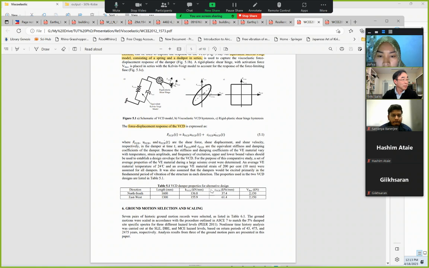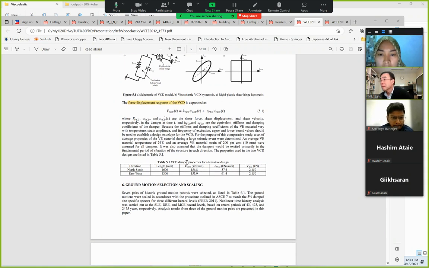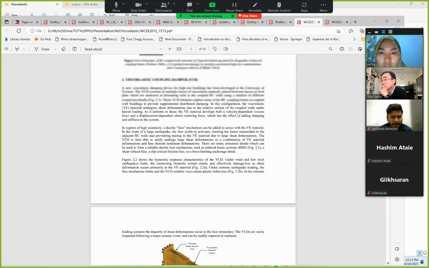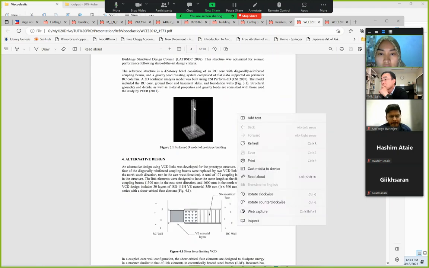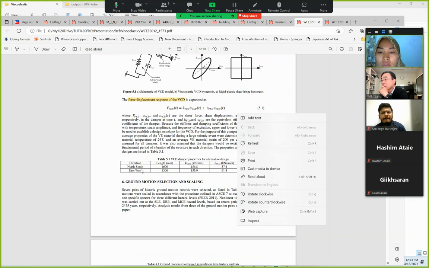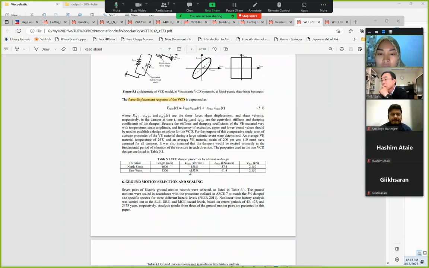Sensei, this one shows some damper properties for the viscoelastic. They use a 3D model. If you can see here, they have the 3D model and two directions, north and east-west, with two different lengths and different stiffness, a coefficient of damping, and a fuse supporting both sides.